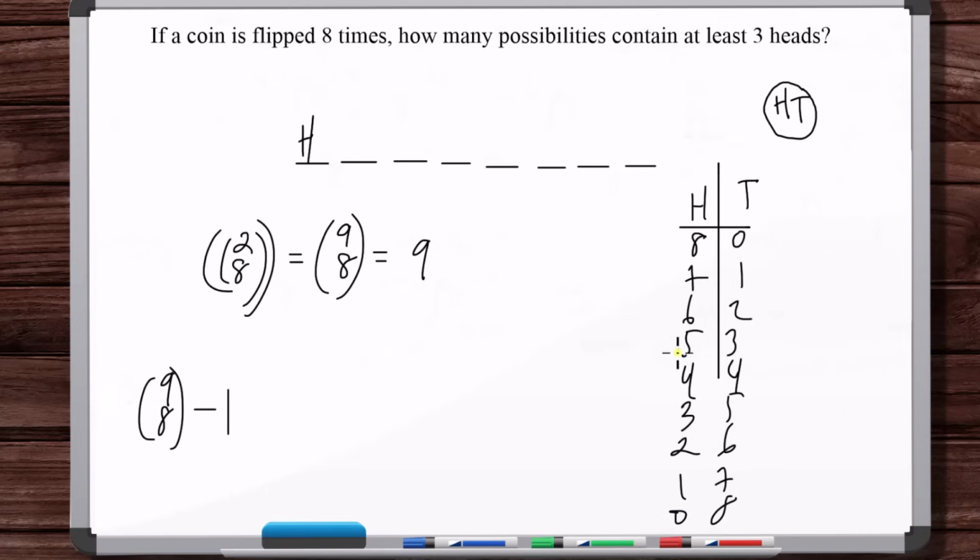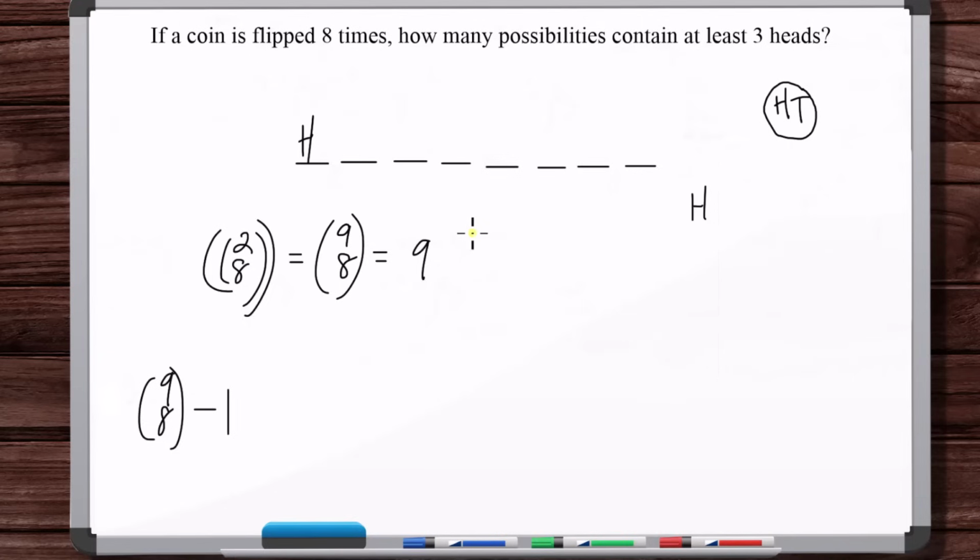That's 9. But that can't be what they're talking about. Or maybe it is. Well, if it is, then there's 9 outcomes. There's going to be one that contains no heads, one that contains one head, one that contains 2 heads. So the answer in that case is 6.